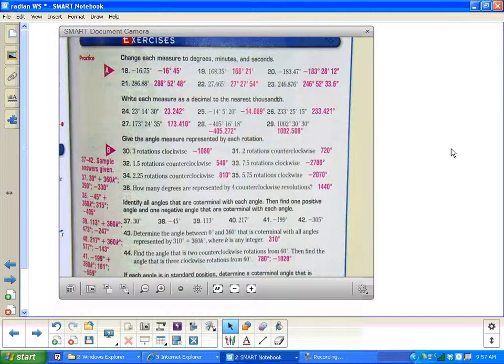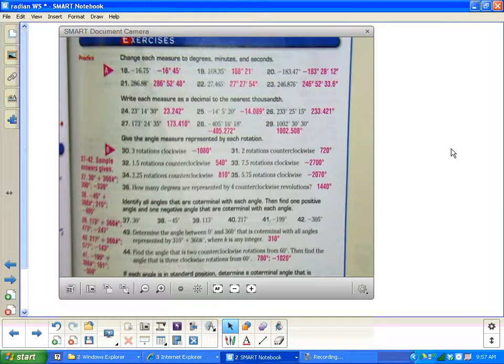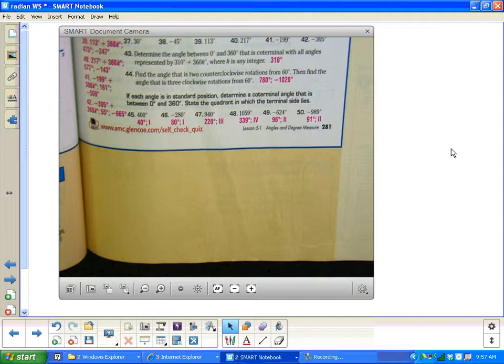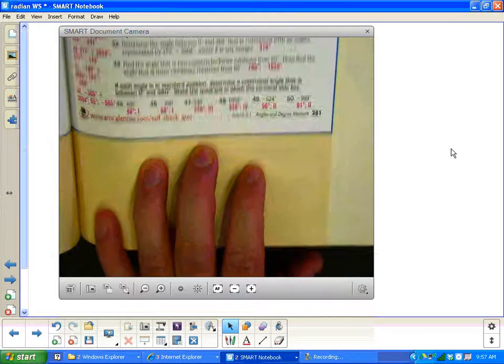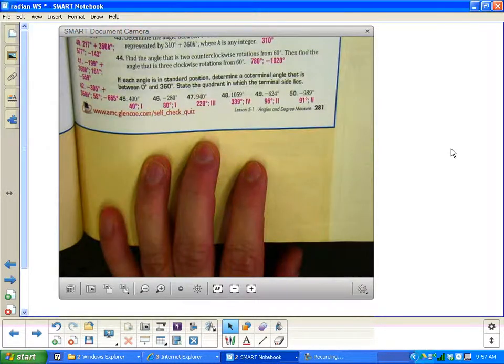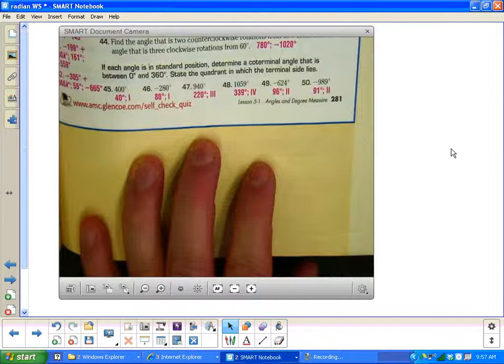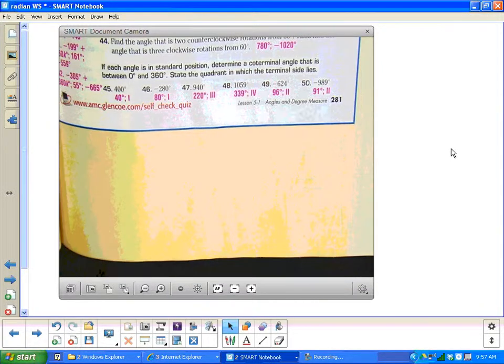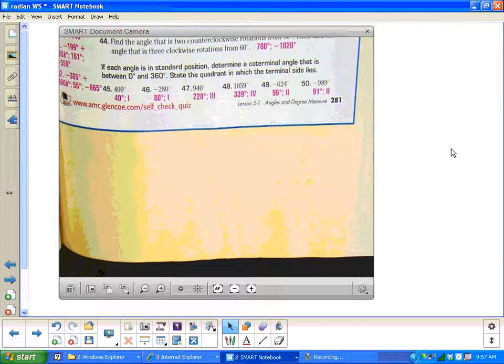Now, check these other problems real quick, 45 through 50. You were finding a coterminal angle between 0 degrees and 360 degrees. There's only one or two things that you have to do to find it between 0 and 360. What is it?